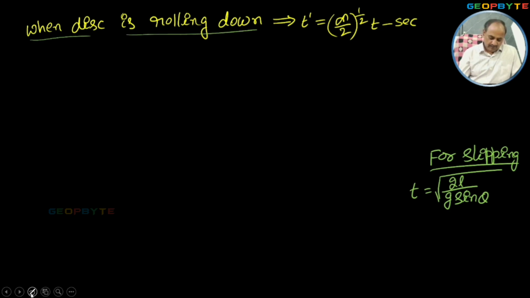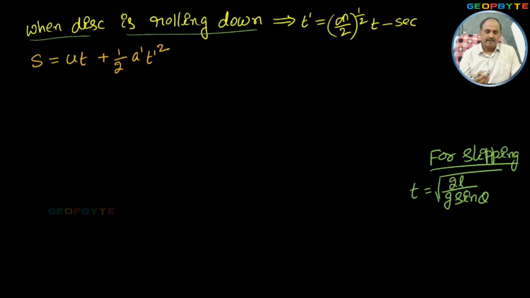Then let us take the other case when the disk is rolling down. For this case also, the distance traveled by the disk equal to ut plus half a dash t dash square, because acceleration is not the same for rolling motion and slipping motion.